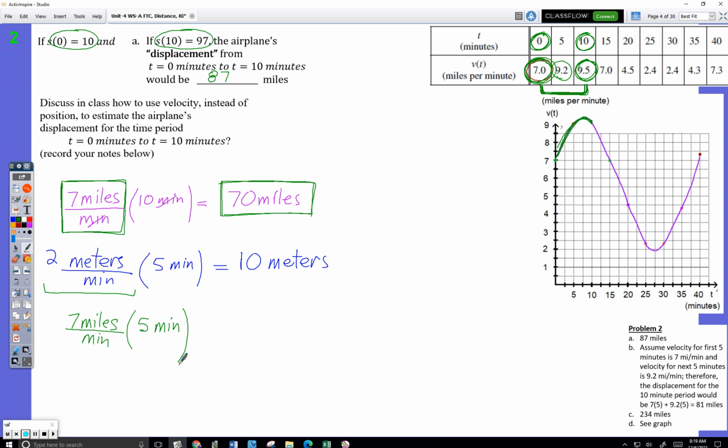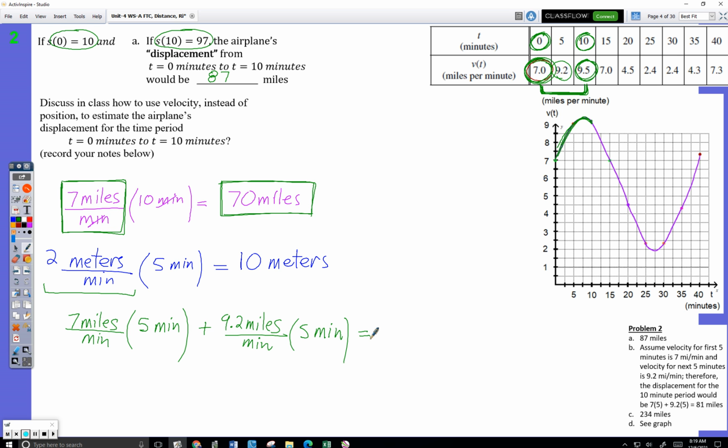Then we'll assume that for the next 5 minutes, the plane has a velocity of 9.2 miles per minute. So somebody get your calculator out and tell me what the result of that computation will be.